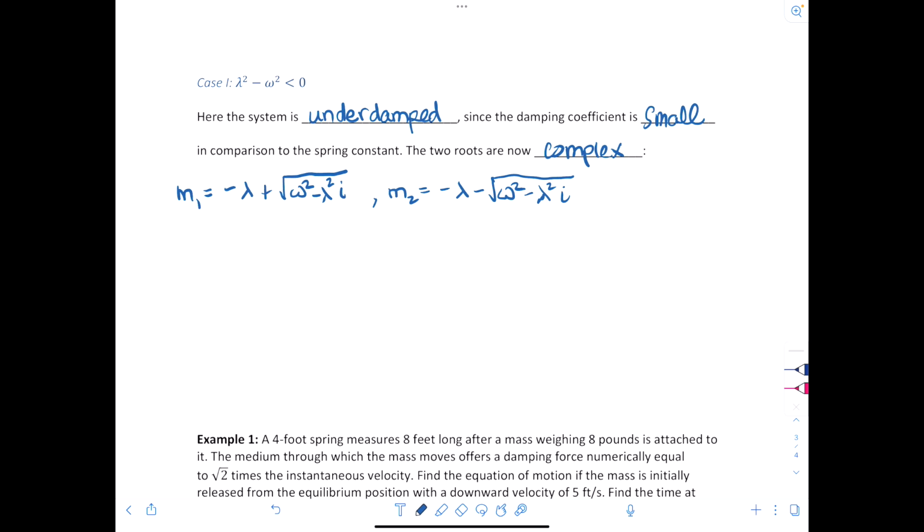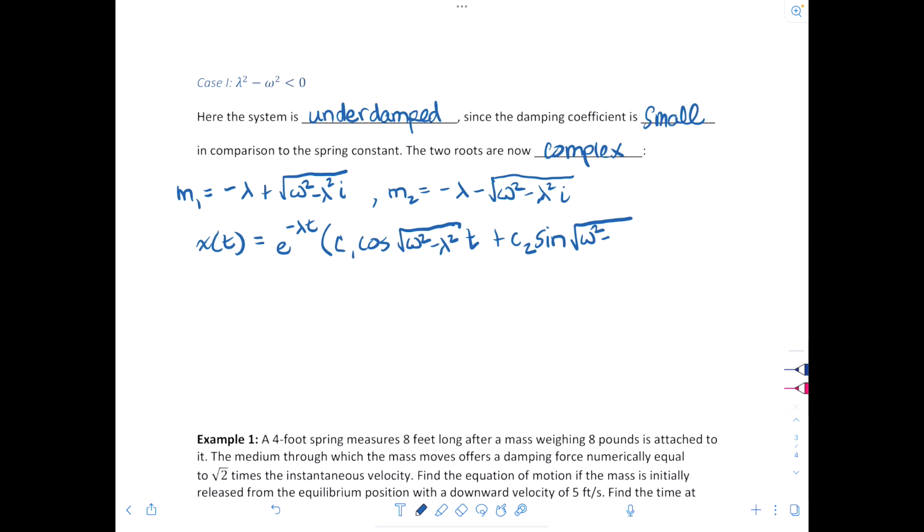This will give us x at t is equal to e to the negative lambda t, the negative lambda is like our alpha, and then we'll get c1 cosine of the square root of omega squared minus lambda squared times t plus c2 times sine of the square root of omega squared minus lambda squared times t.